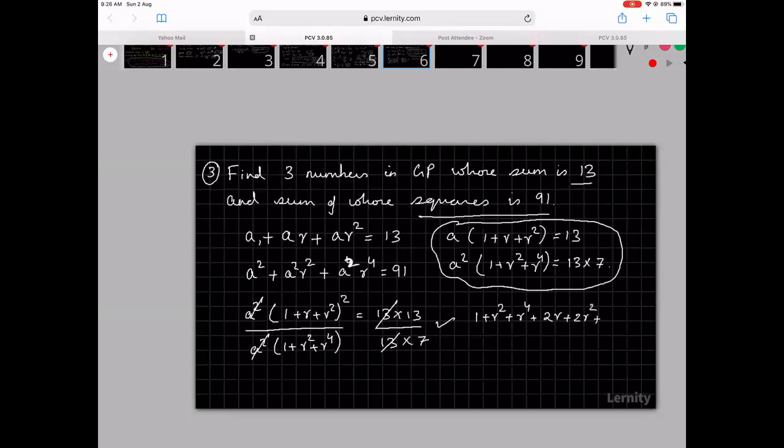Now this is equal to, divided by, of course, 1 plus R square plus R power 4, is equal to 13 by 7. Just try to see if you can square it and then solve it. Otherwise we will use some other techniques. Many techniques are there.